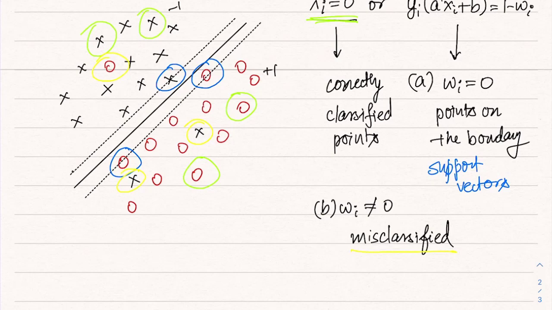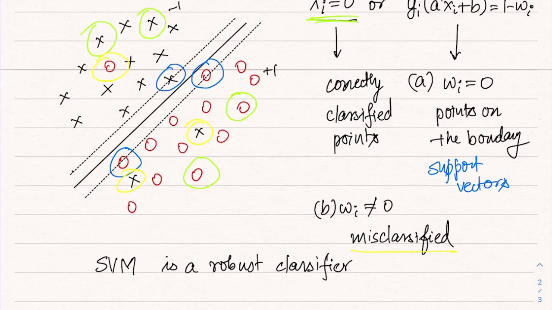So you can consider this SVM, support vector machine, to be a robust classifier. Robustness in this context means that it allows some small deviations from what is expected. What is expected is that these two sets of points can be separated from each other, and the deviation that is happening is that some points are not following this assumption.